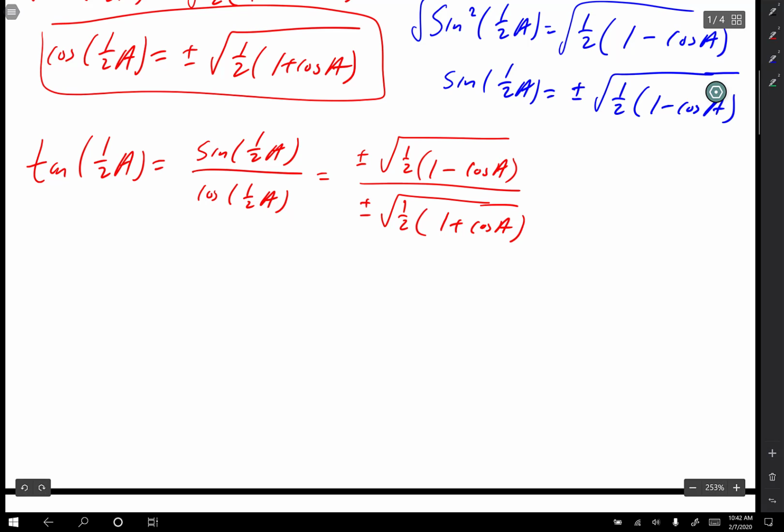And because we all took Algebra 2 last year with Ms. Torres, she told me about the law of exponents. And she's like, that square root is just like an exponent. It's like the power of a half. So they both have the power of a half, so I can rewrite this as one giant square root. The halves cancel out, and I can say 1 minus cosine A over 1 plus cosine A.